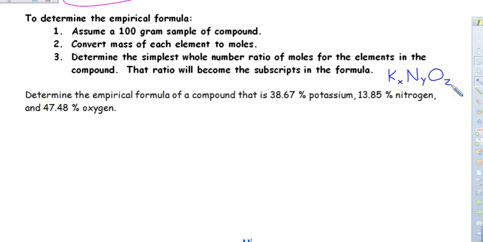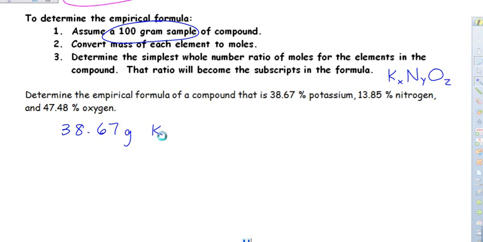We're going to assume a 100 gram sample. If I had 100 grams of this compound and 38.67% is potassium, then I could say that this compound is 38.67 grams of potassium.